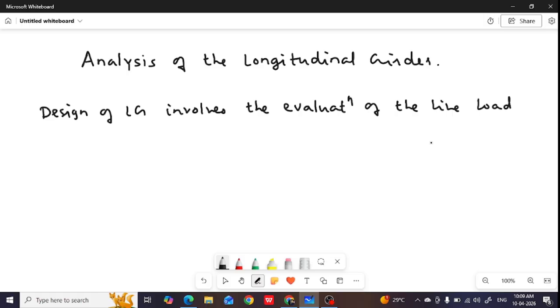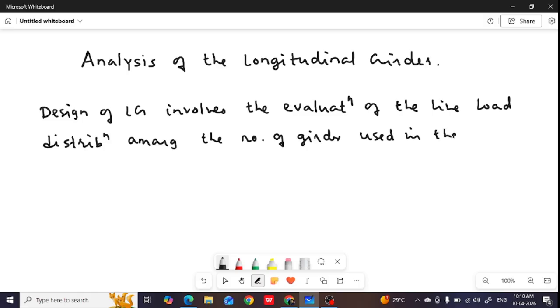Girders are below the deck, okay. So it involves the evaluation of live load distribution amongst the number of girders used in the deck.